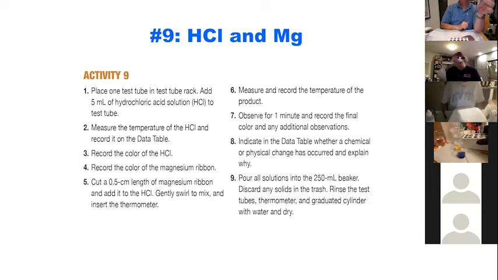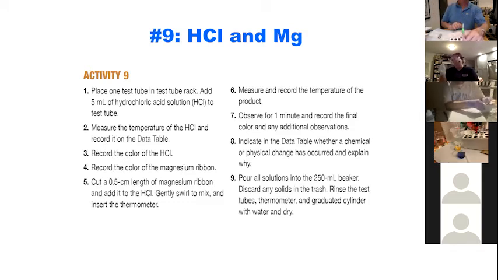And the temperature went super high this time. So my temperature in my solution went up to, whoa, 35 degrees.